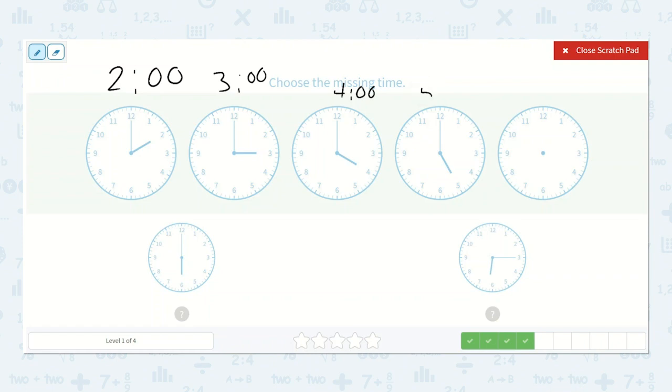Here the hour is on the 5. And so I can see 2 o'clock, 3 o'clock, 4 o'clock, 5 o'clock. Next we'd be looking for 6 o'clock. I know it's not this one because the minute hand is not at the 12, meaning o'clock. It is at the 3, so that would be 15 minutes. Here we have the hour hand at the 6, and the minute hand at the 12, so 6 o'clock.